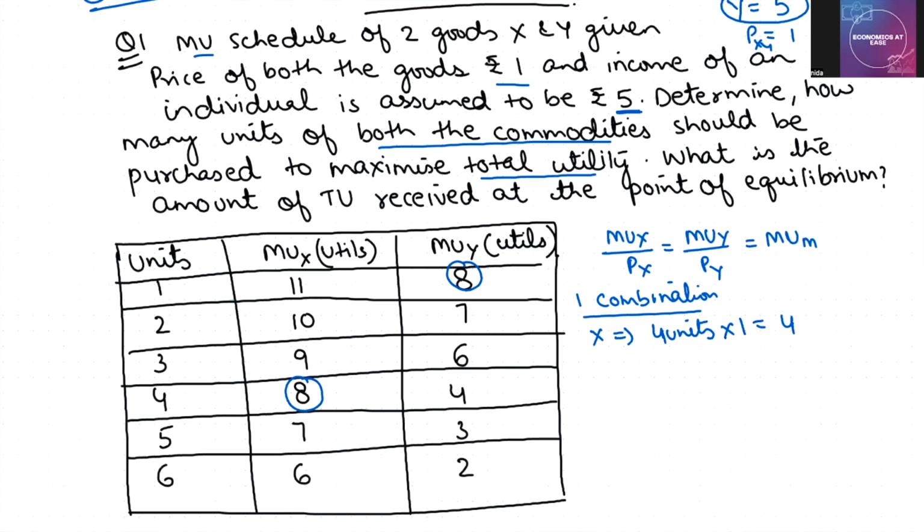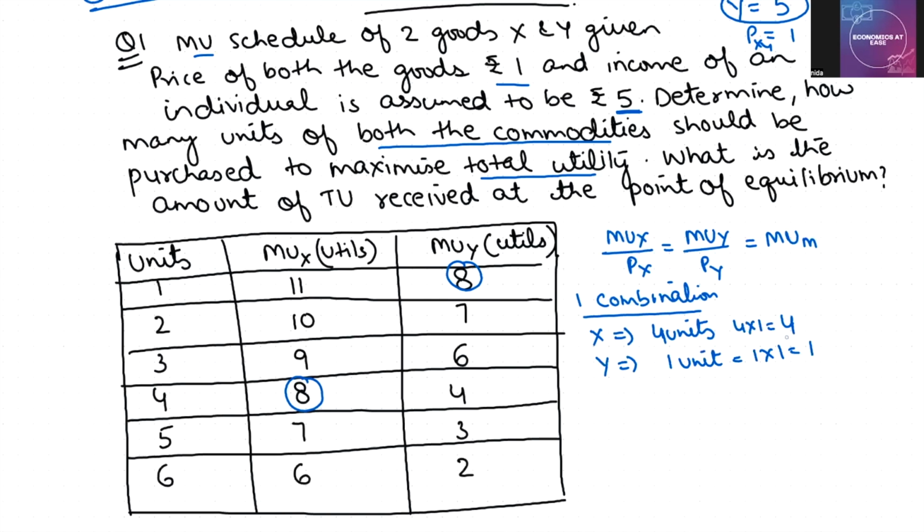So Y 1 unit is 1 into 1 is equal to 1, right? And 4 into 1 is equal to 4.